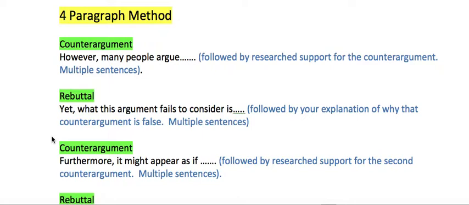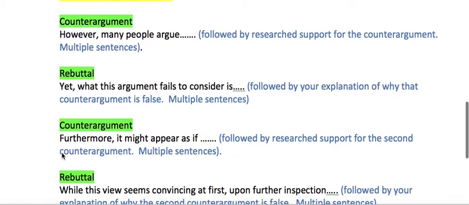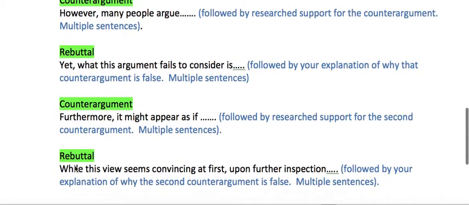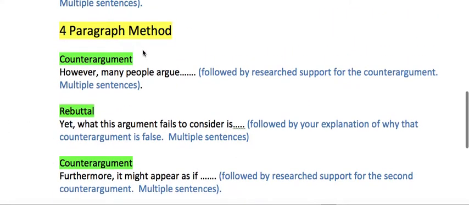It's the same exact thing, except you're breaking those paragraphs in 2. The counterargument gets a paragraph, and then the rebuttal gets a paragraph. Then another counterargument gets a paragraph, and the other rebuttal gets a paragraph. I'm using the same sentence starters and the same research support, but in the 4-paragraph method, these paragraphs could stand on their own.